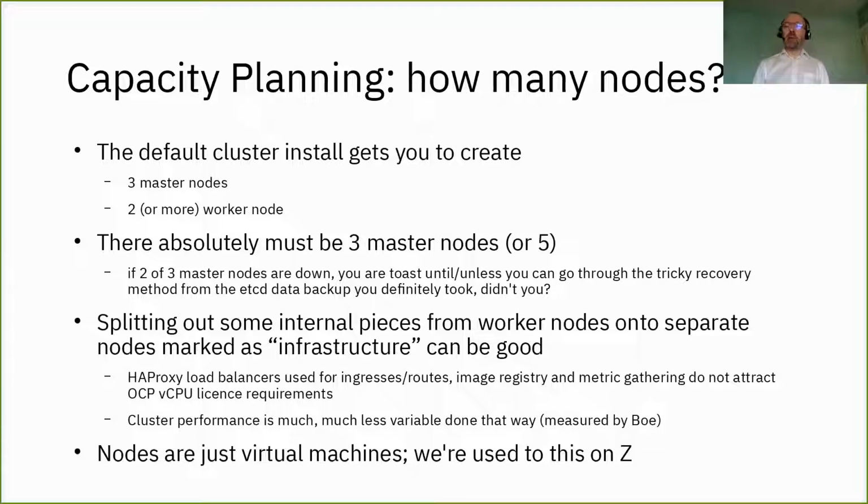But there's another good reason to do this on Z, and that's that there's been some good work from the System Test and Benchmark group in Birmingham, and what they found is that if you move most of these things onto separate nodes, even though they're just separate virtual machines using the same underlying physical IFLs, you get much less variability in latency and performance and things like that.